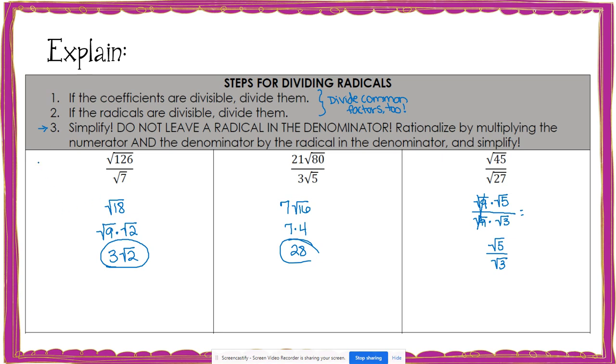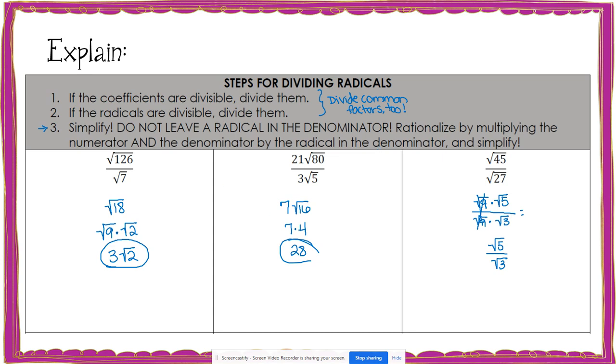However, if you read step 3 carefully, when we simplify, we can never leave a radical in the denominator. We have to do what is called rationalizing the denominator. To rationalize the denominator, we are going to multiply both the numerator and the denominator by the same number.